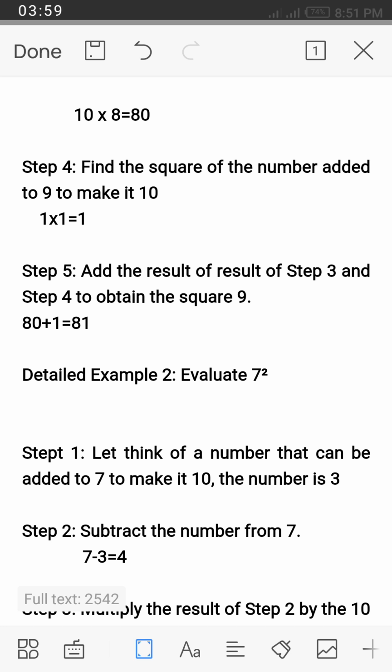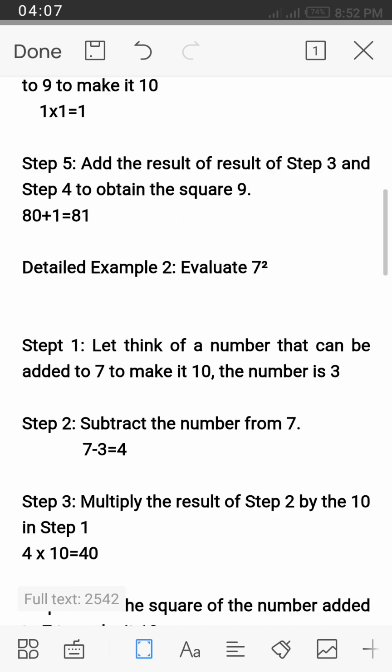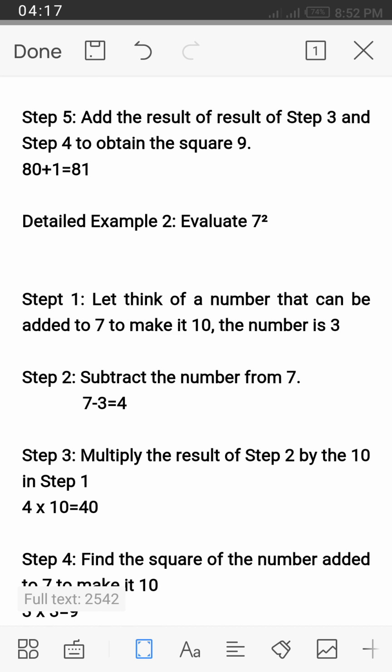Now let's buttress it with another example. Evaluate 7 square. First step, like I said, let's think of a number that can be added to 7 to make it 10, and the number is 3. So all you need to do is subtract 3 from 7. The result is 4.